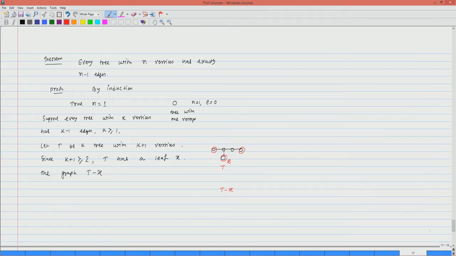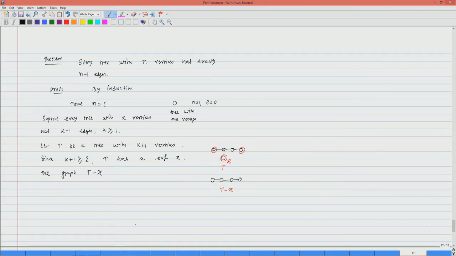When you remove a node, you have to remove the adjacent edge also. So, after removing this vertex x, T minus x is this tree. This is what T minus x is when T is this one and x is this node.